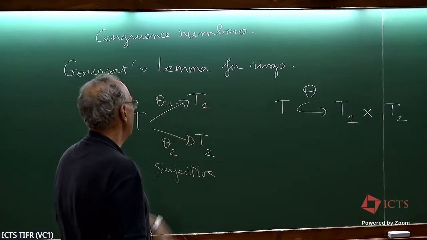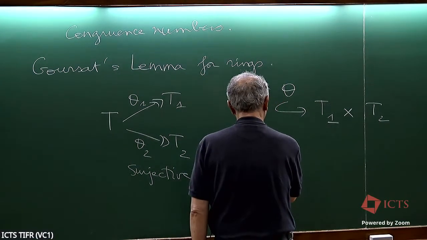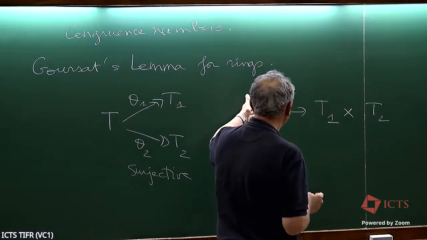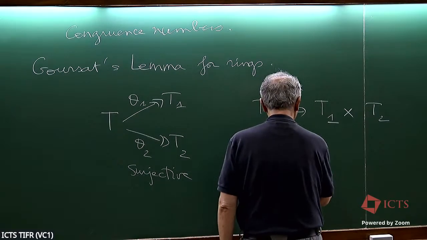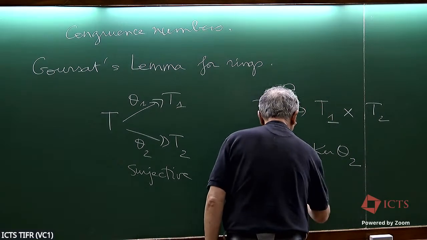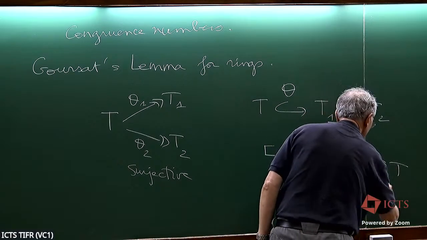So you have this situation, and you consider 2 ideals of T. Here, C1 is the kernel of theta 2, and C2 is the kernel of theta 1. So they are ideals in T.